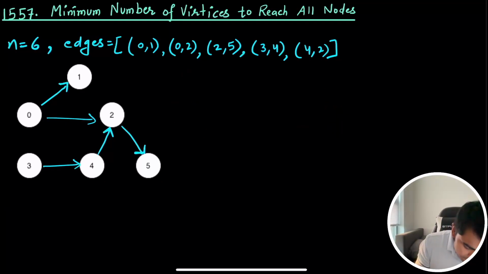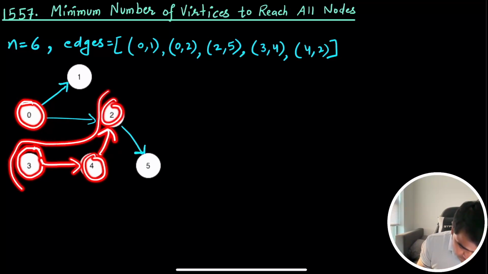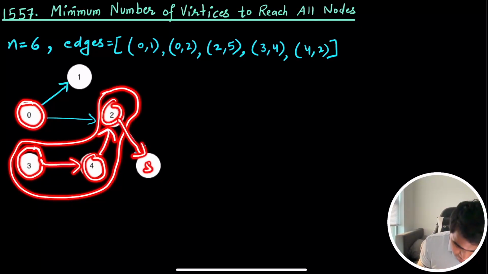So for example, 0 does not have any incoming edges, 3 does not have any incoming edges. So from 3 I can go to 4, from 4 I can go to 2, and from 2 I can go to 5. So this is one group of traversal. But then there is another group left, which is from 0 to 1.